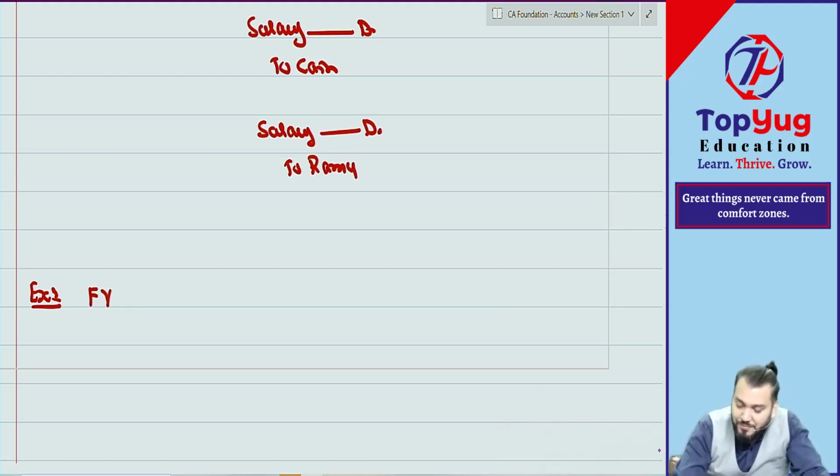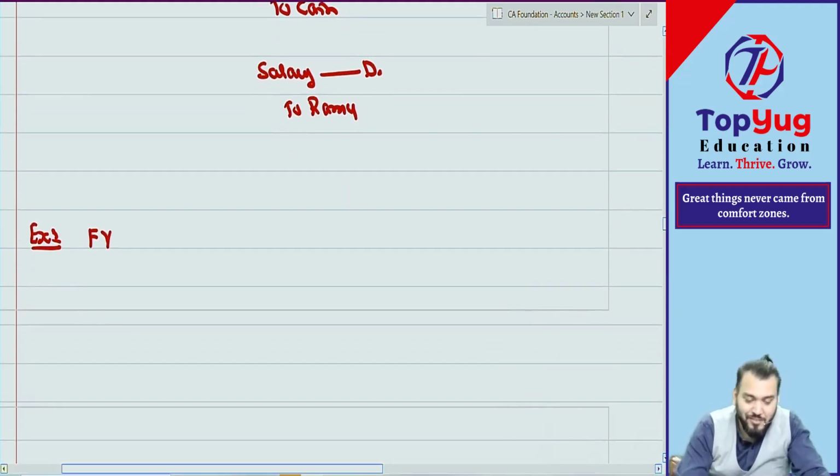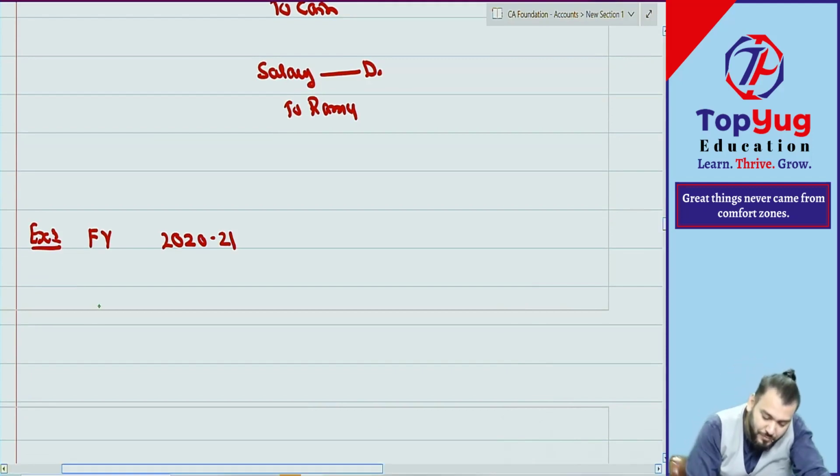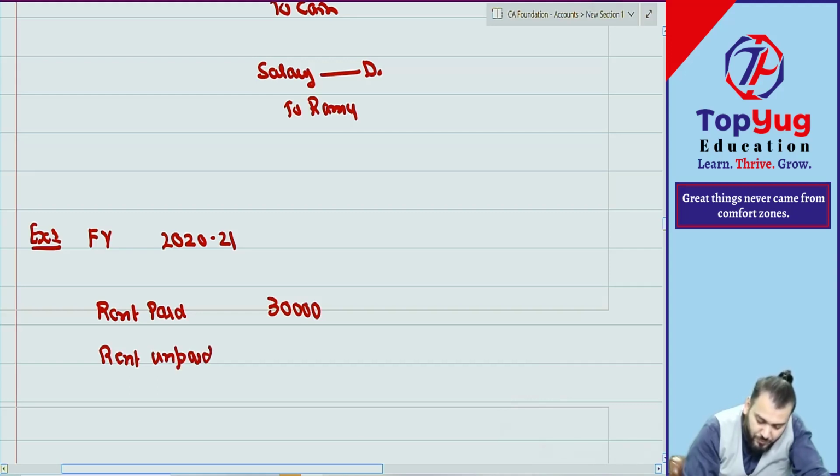FY means the financial year 2020-21. Rent paid 30,000. Rent unpaid 5,000.